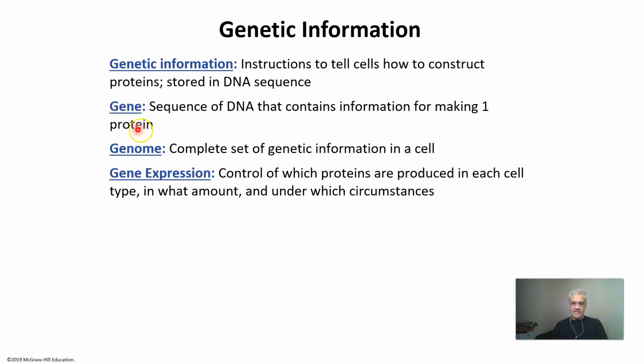That's called a gene. You have tens of thousands of genes in your DNA sequence. Tens of thousands. Because you have tens of thousands of proteins that have to do very, very specific jobs in your cell to make you live and to make you adapt.